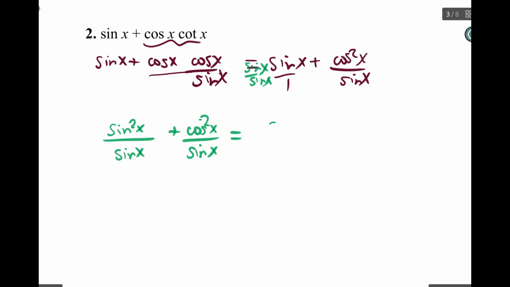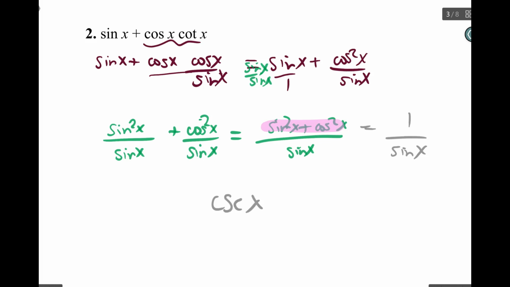The same thing as saying sine squared x plus cosine squared x all over sine of x. Well, shoot, this top part, cosine squared plus sine squared, is equal to 1 over sine x. Well, hey, that's just the reciprocal identity of cosecant.